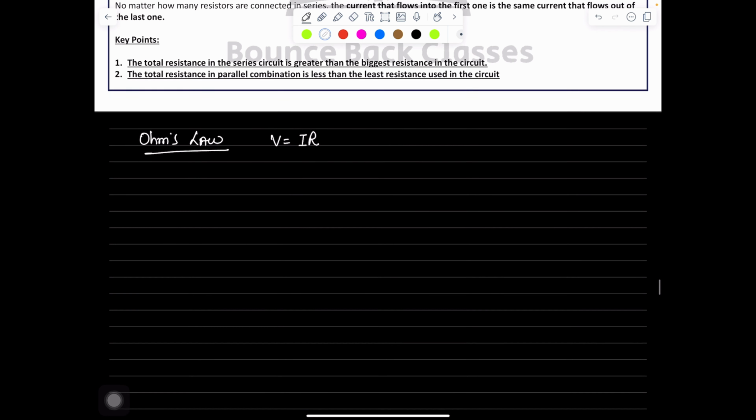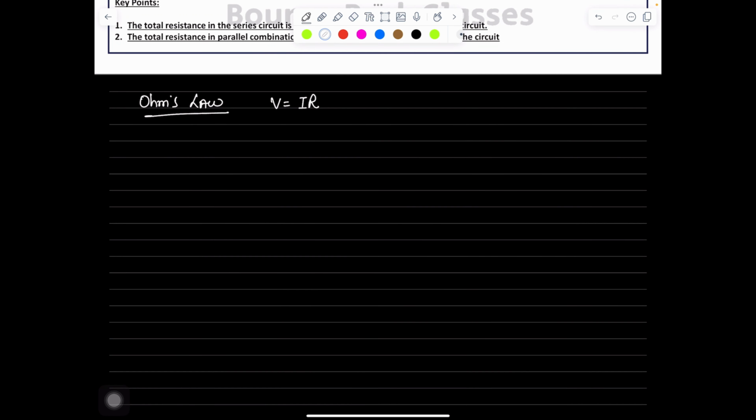Now we need to arrange these resistors in the circuit. Let's say we have a circuit with a battery. This is our battery, positive, negative.